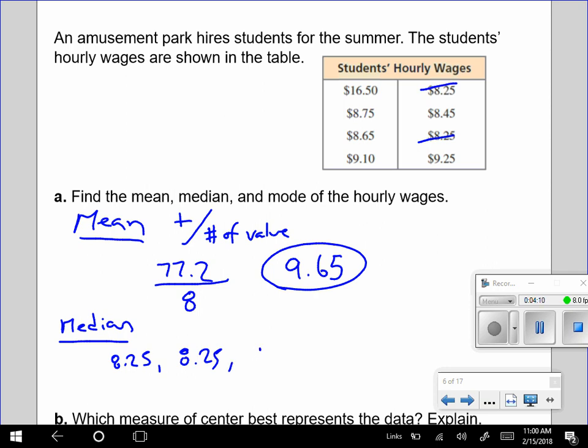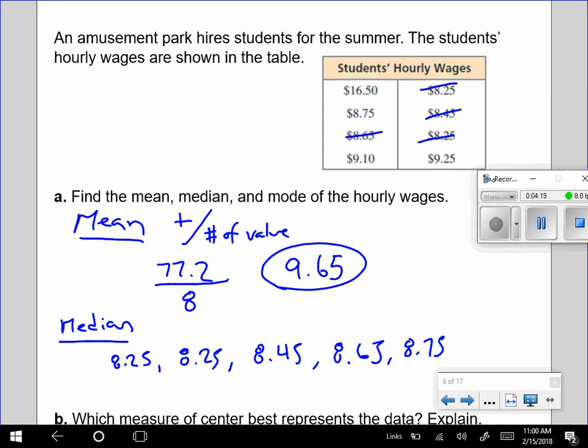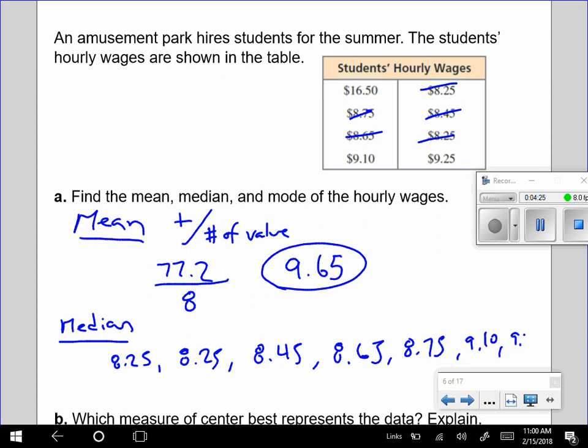Then I would have 8.45, 8.65, 8.75, 9.10, 9.25, and 16.50. So I've gotten them all. It's nice when they're in the middle, so I can work my way. I have a finger on the left side of the screen and I have my pen on the right, and I'm going to work my way to the middle.